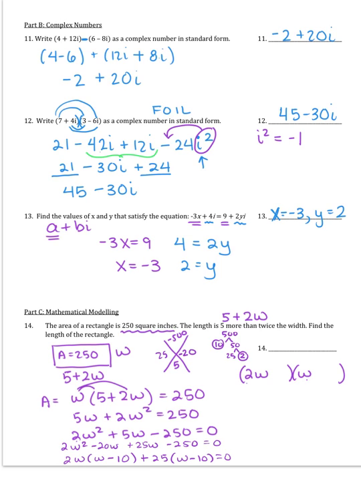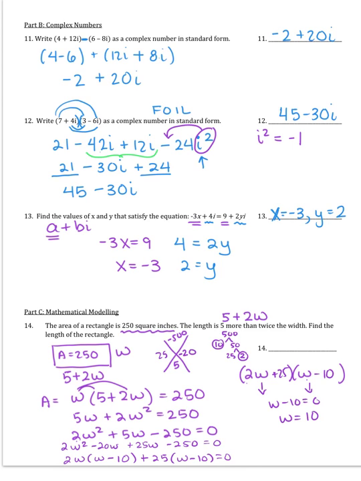Voila, we have the same w minus 10. So I know that I can now fill in over here: 2w plus 25 goes here, w minus 10 goes here. This one, when I solve, will give me a negative number. This one, when I set it equal to 0, will give me a positive 10.